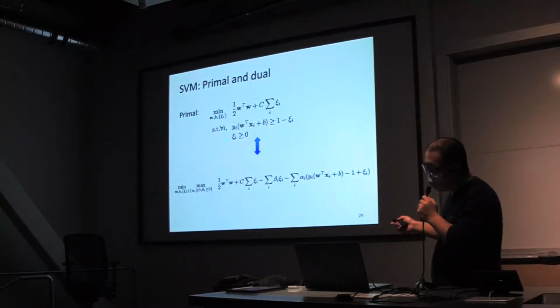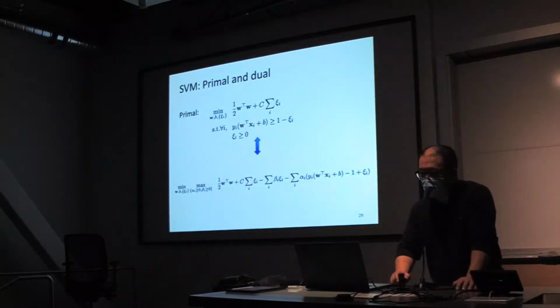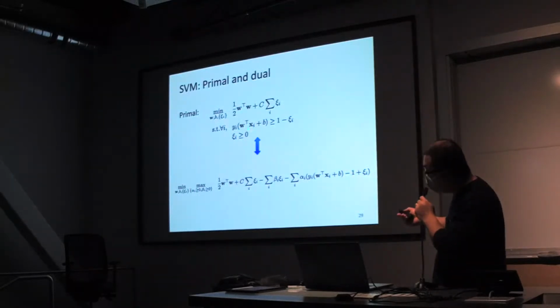Then for each example i, we introduce two constraints. First, the slack variable ξi must be non-negative, and second, the function margin must be no less than 1 minus ξi. These two constraints together allow the example xi to break into the margin.